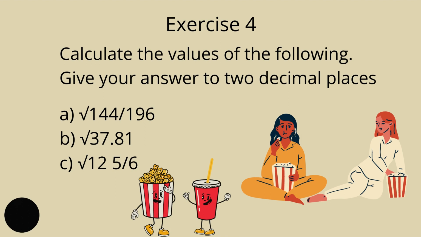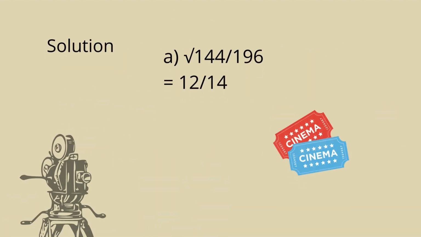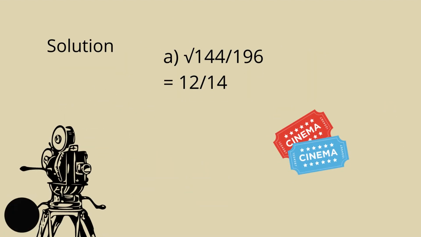Exercise 4. Calculate the values of the following. Give your answer to 2 decimal places. A. Square root 144 over 196. We know that 144 equals 12 multiplied by 12, so the square root of 144 is 12. And the square root of 196 is 14.